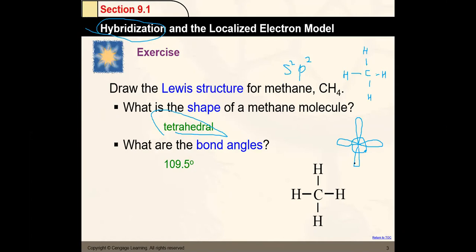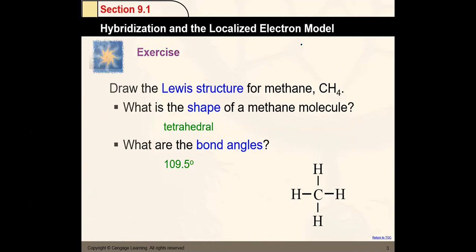So how can I get a tetrahedral shape with these orbitals? We know that s has this particular shape and the p orbital has this particular shape, more or less. So how can I have 109 degrees? Apparently they look like they are 90 degrees apart, at least the p orbitals.